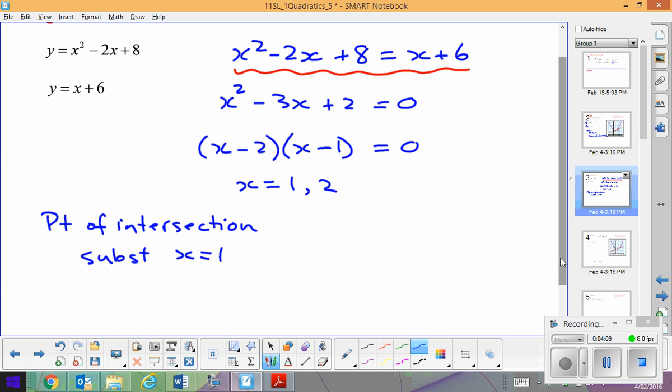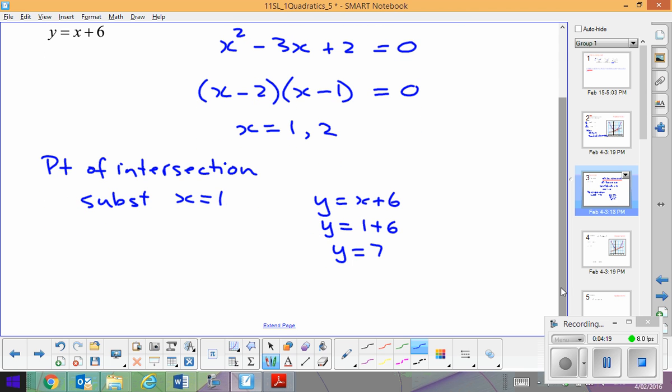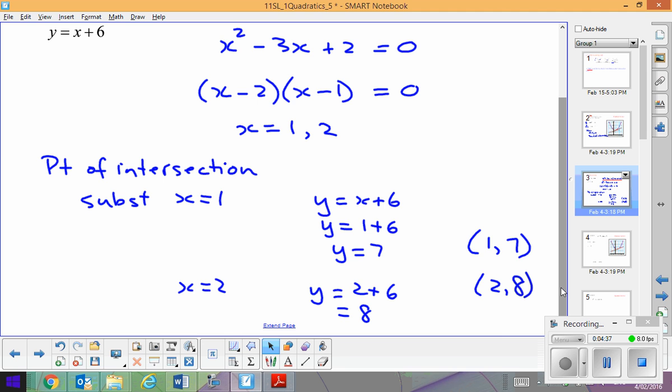I would always pick the easiest one. y is equal to x plus 6, y is equal to 1 plus 6, so y is equal to 7, and then do the same procedure again with x equal to 2. So you get your 2 points, (1, 7) and (2, 8). You can always put it back into your quadratic equation and just check that it works on that one as well. So that's solving those two simultaneous equations.